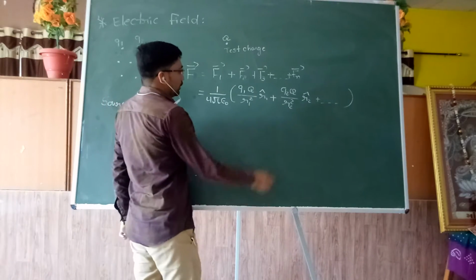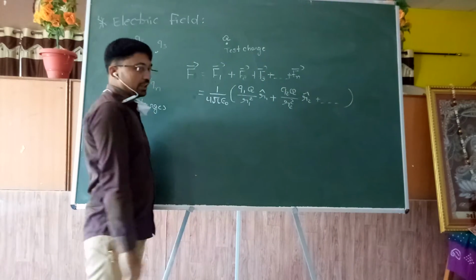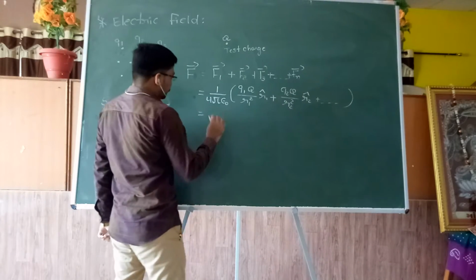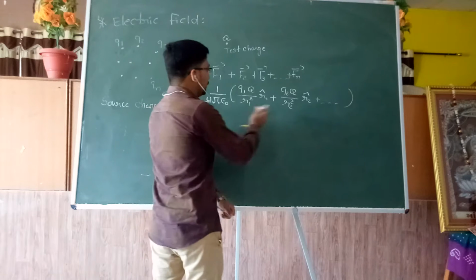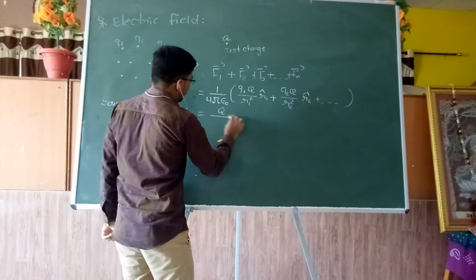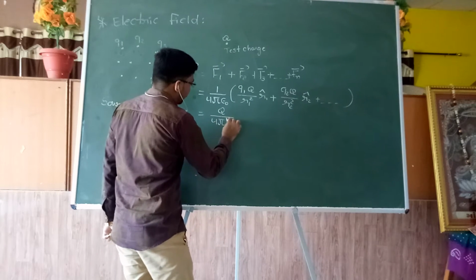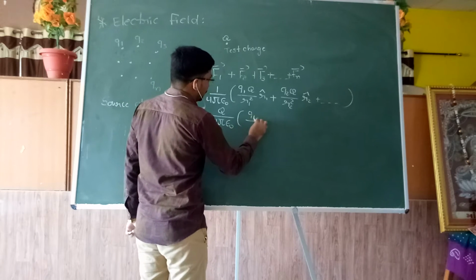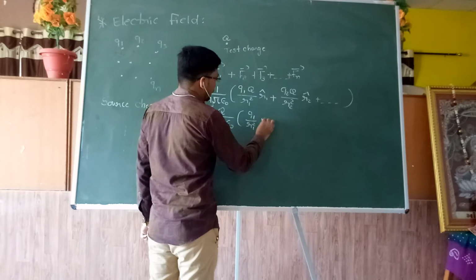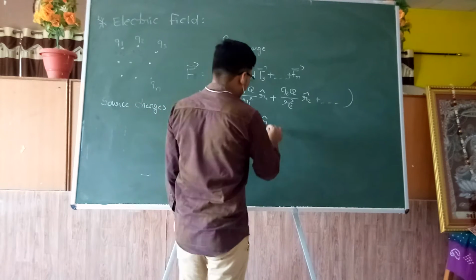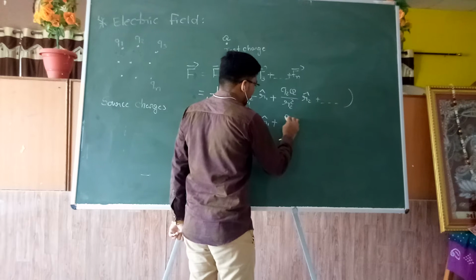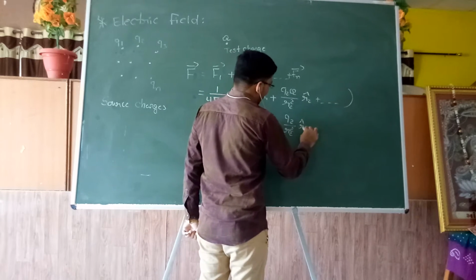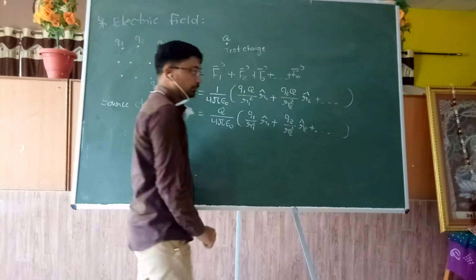Now, capital Q, this test charge, is common in all the forces. So we have taken it outside the bracket. So it is Q upon 4 pi epsilon 0, here Q1 upon R1 square into R1 cap plus Q2 upon R2 square into R2 cap plus so on.